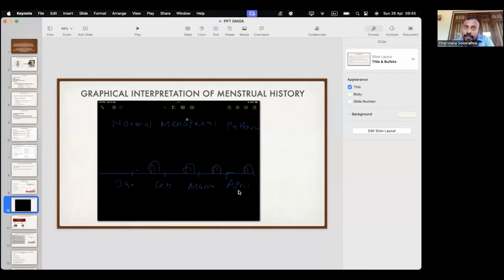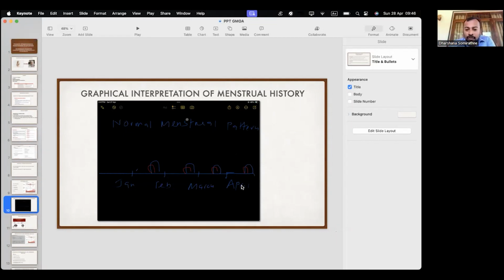When you see a patient with a menstrual pattern, if you are used to practicing this type of graphical diagram, then in your mind you can understand what is happening inside the uterus. Is it a polyp, or is it a fibroid? Is it adenomyosis? Is it a cancer? It's a very good thing if you can practice this, rather than just writing about heavy flow, intermittent bleeding, or spotting.